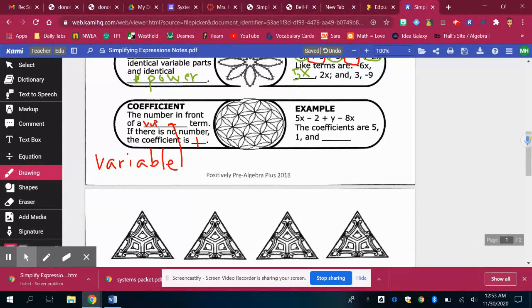Example, 5x minus 2 plus y minus 8x. The coefficients are 5, 1, and negative 8. So 5, there's a 1 here, and negative 8 are coefficients, the number in front of the variable.